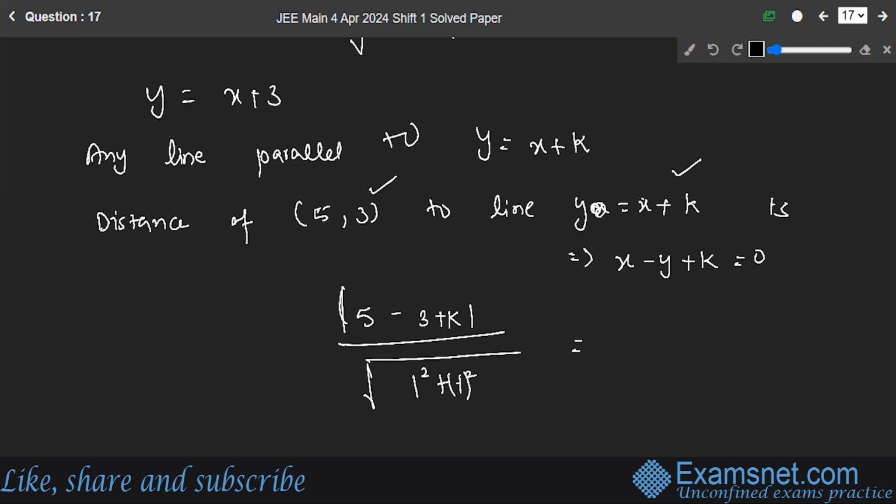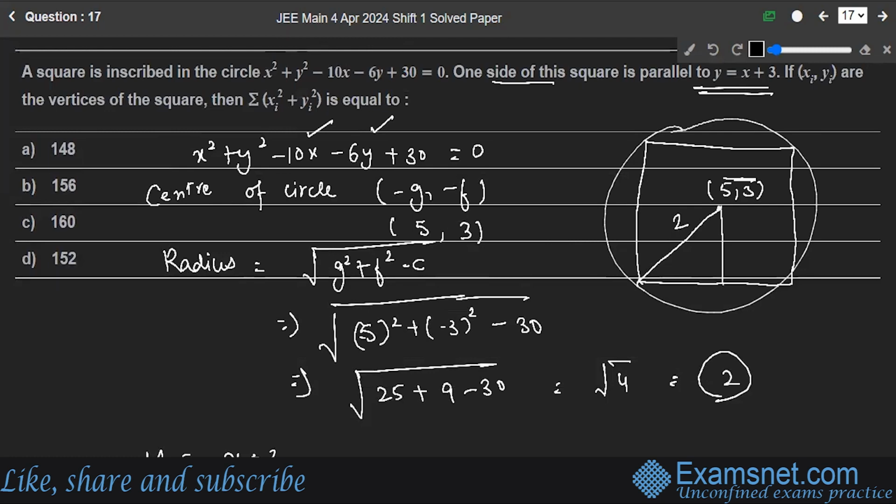What is this distance? See, this is a right angle triangle and this angle is equal to 45 degrees. Why? Because if I take it as ABCD, ABCD is a square and the diagonal bisects this 90-degree angle. This is 45 degrees and this is also 45 degrees, a right angle triangle.